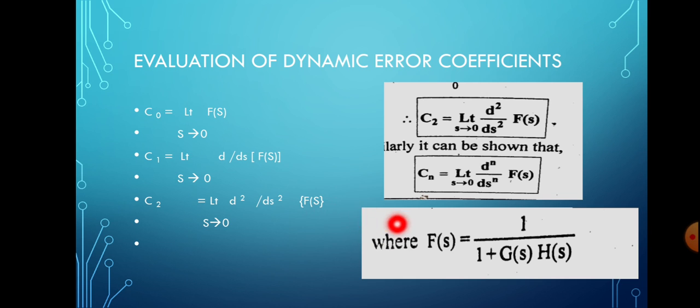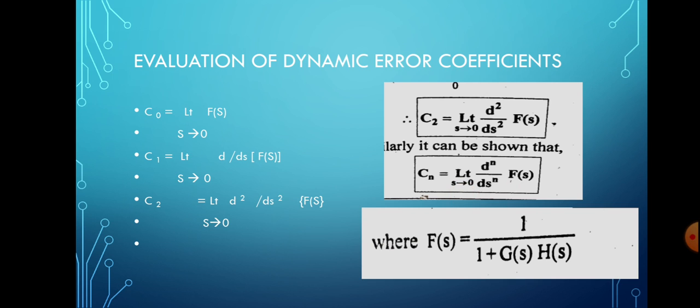That means you should find the first derivative of f of s and apply the limit s tends to 0, and for finding C2, you should find the second derivative of f of s and apply s tends to 0. In general, Cn equals limit s tends to 0 of d raised to n by ds raised to n of f of s. That means you have to find the nth derivative of f of s and then apply the limit s tends to 0.